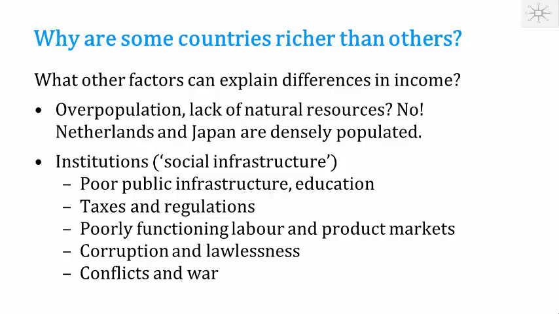Natural resources are traded. You can buy materials in the world market, and you don't need to have them in your country in order to be rich. And we know from the national accounts that agriculture plays a very, very small role in the high-income countries. It's only about 1 or 2% of GDP that is produced by agriculture.